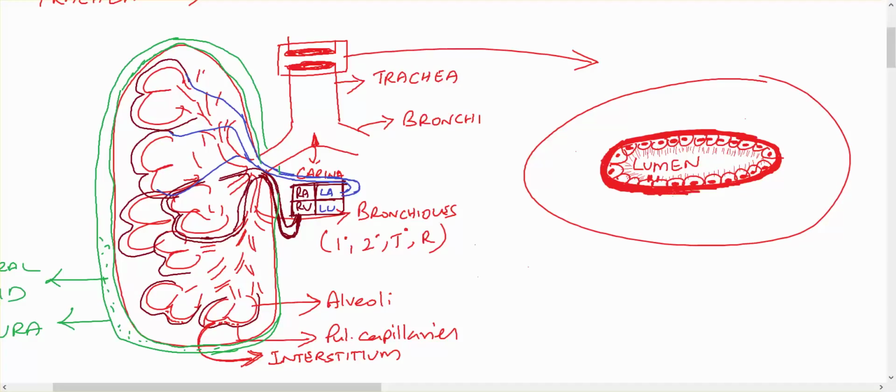So now let's discuss the histology. The cell sits on the basement membrane, and the basement membrane is thick in the trachea.